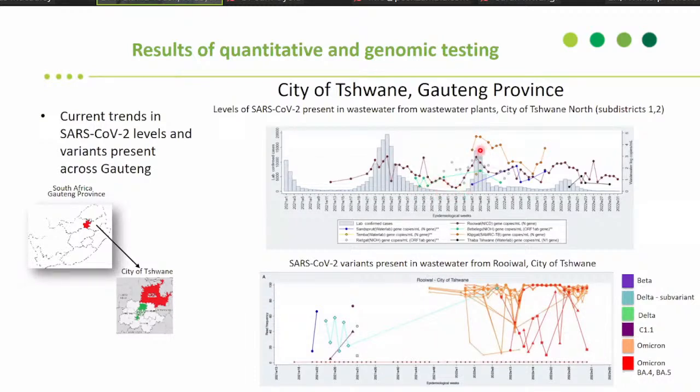And again, the increase of wastewater copies per mL happened at the same time as the increase in the clinical cases. So that's just to show that there is correspondence between the prevalence of clinical cases and the copies per mL of SARS-CoV-2 in the wastewater treatment plants.